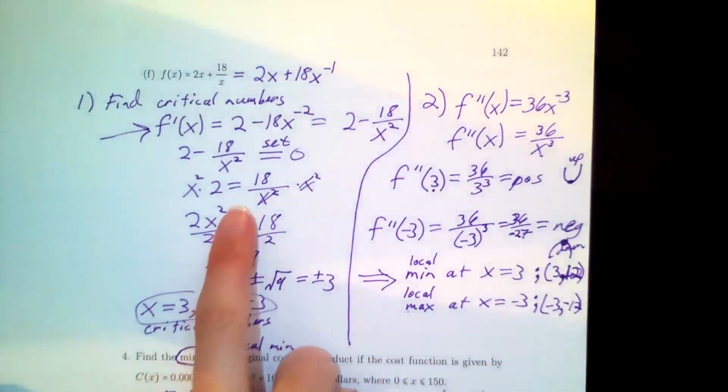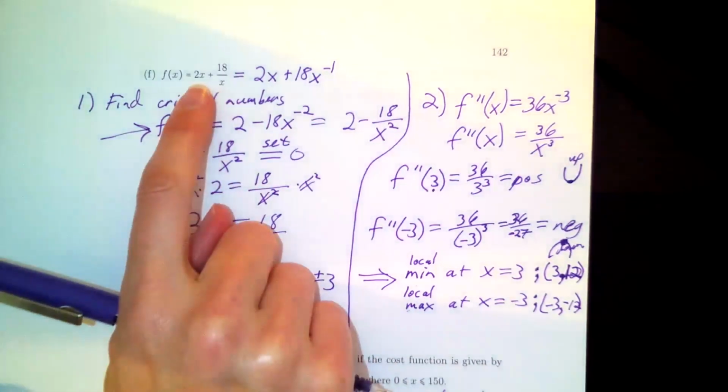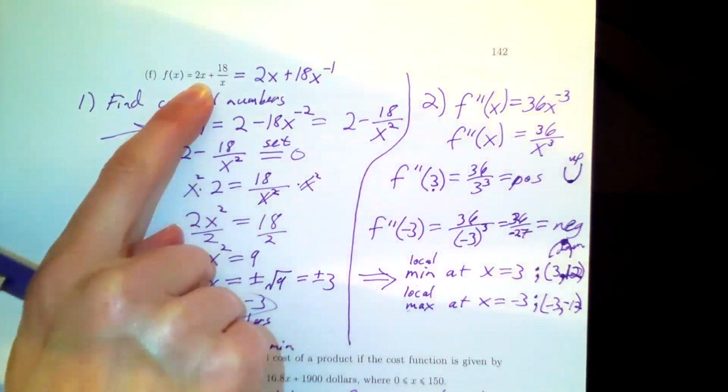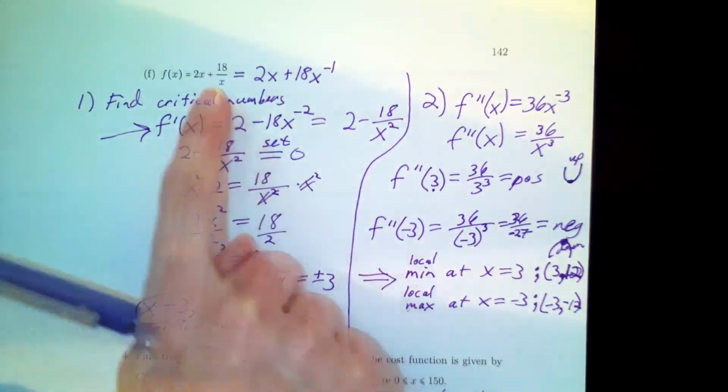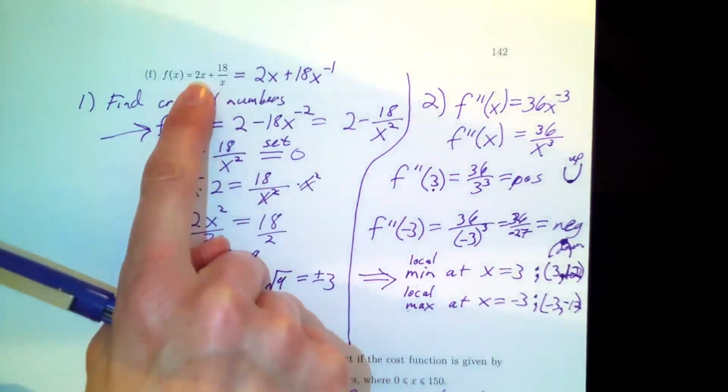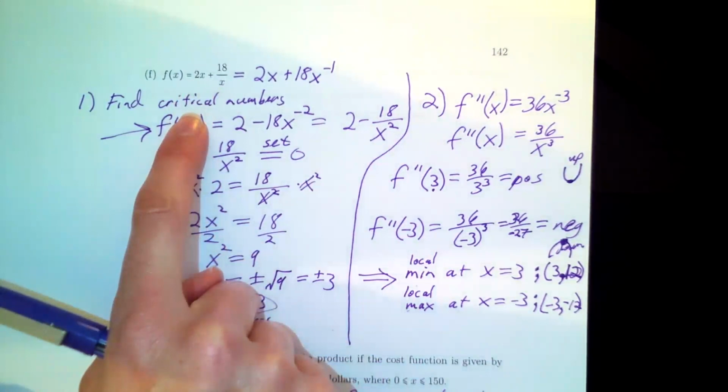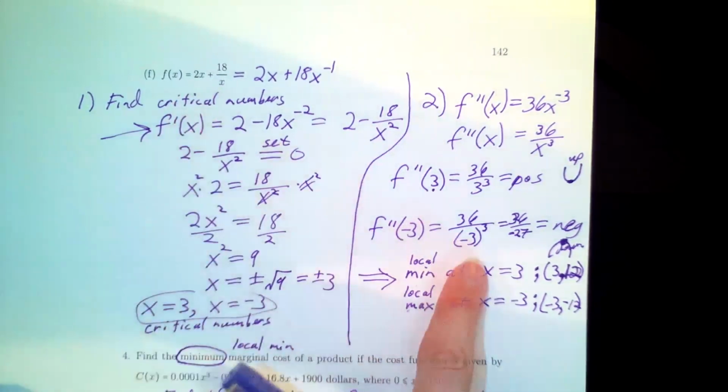If I scooch up as kind of a comparison, we have this function given to us, we find its critical numbers and find its local maxes and mins. So what's the process? You give me f, take the derivative, set it equal to 0, find the critical numbers, and plug those into the second derivative.